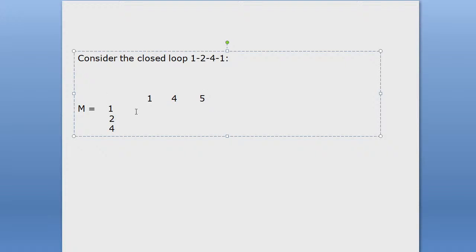Now you calculate the values of A11, A14, A15. You just put the values of these elements: A21, A24, A25.